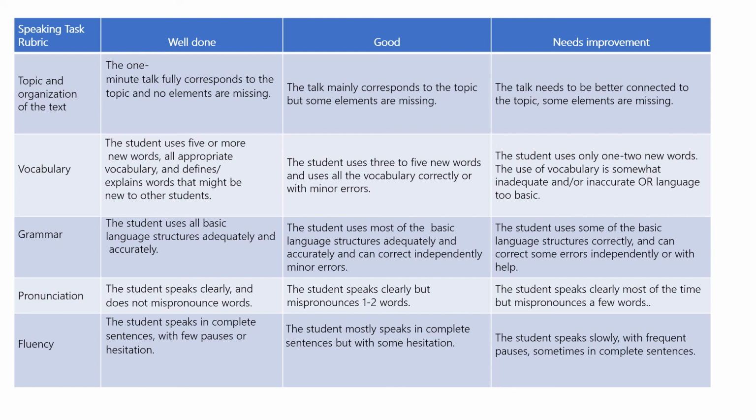You should use 5 or more new words from this lesson. Grammar. You should use all basic language structures adequately and accurately. Your pronunciation. You should speak clearly and not mispronounce any words. And then fluency. When you speak, pay attention that you create complete sentences with few pauses and no hesitation. Good luck!